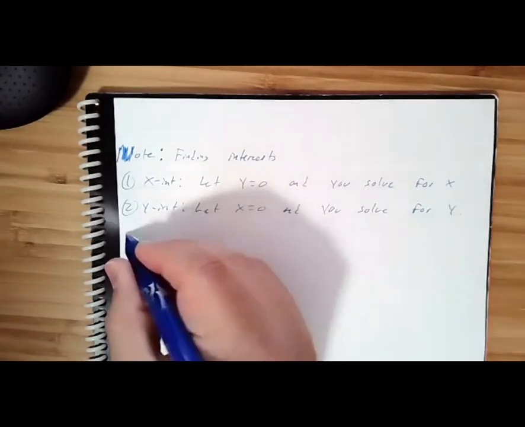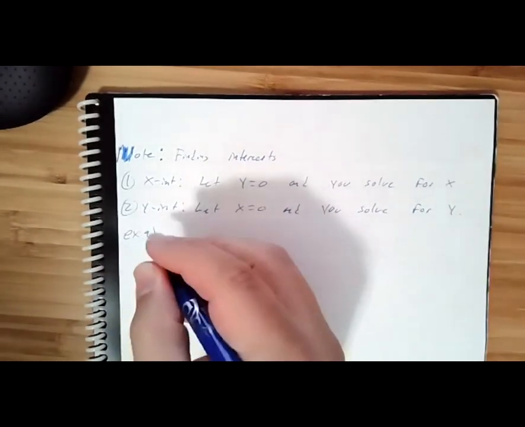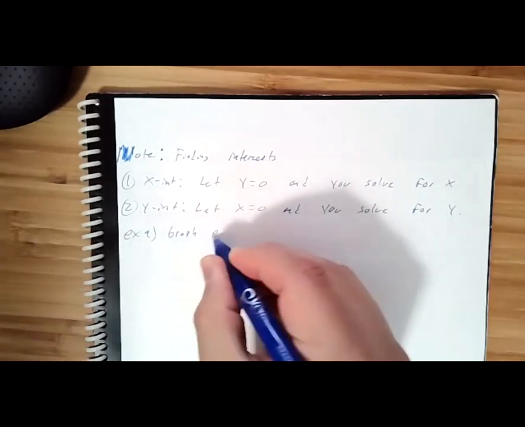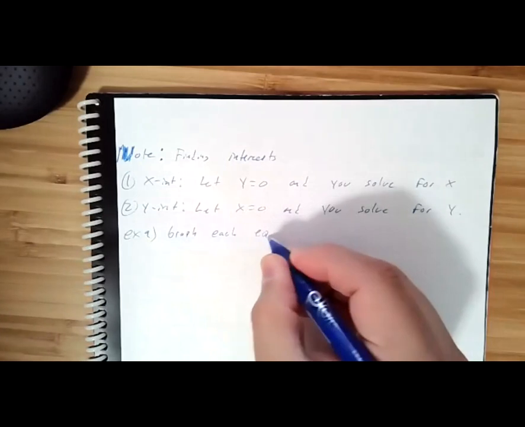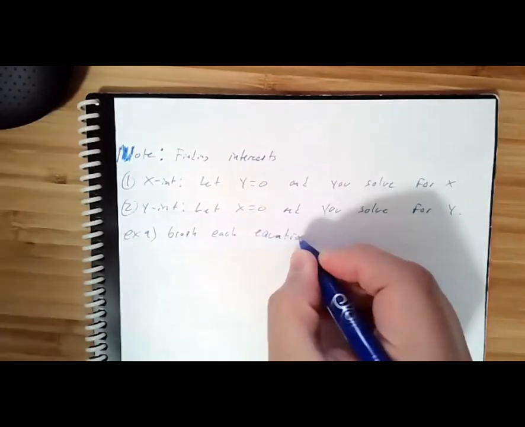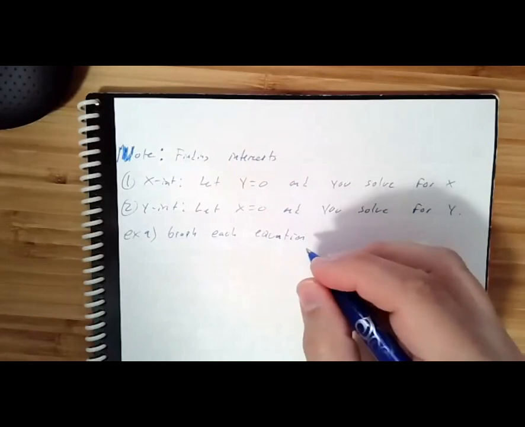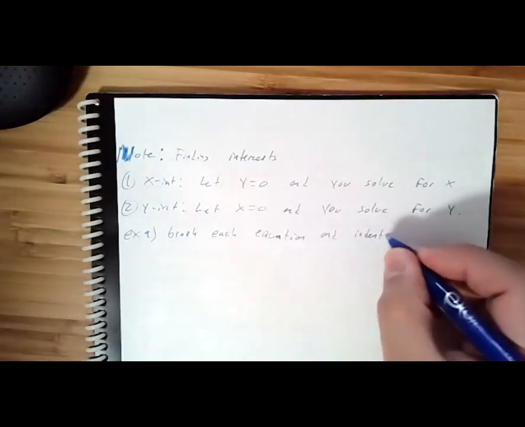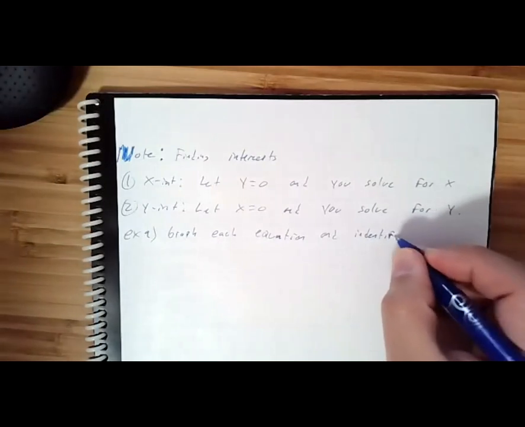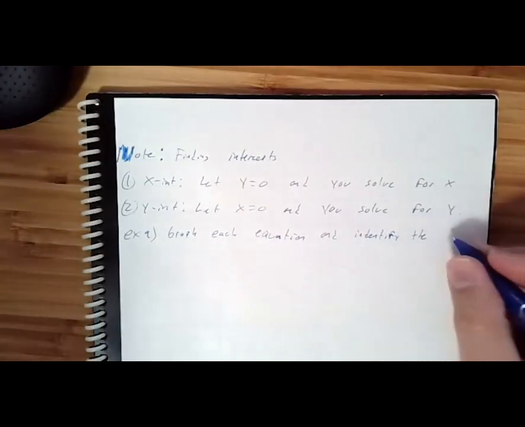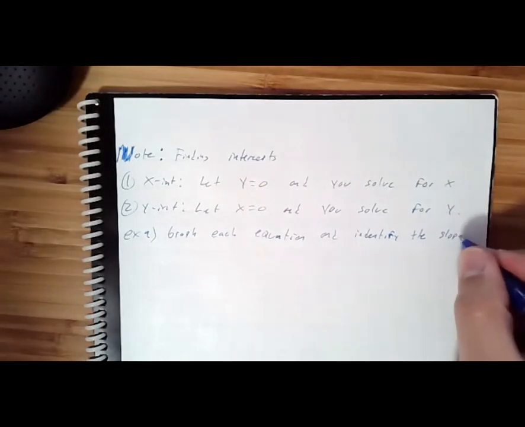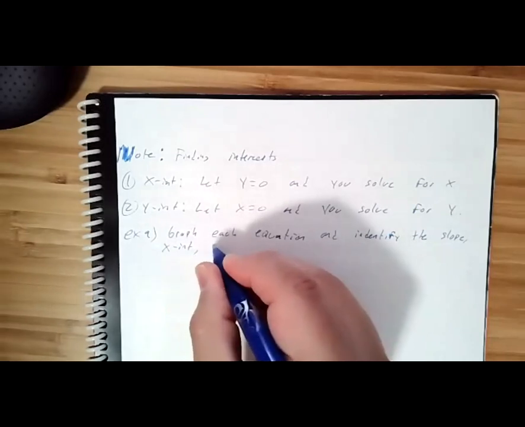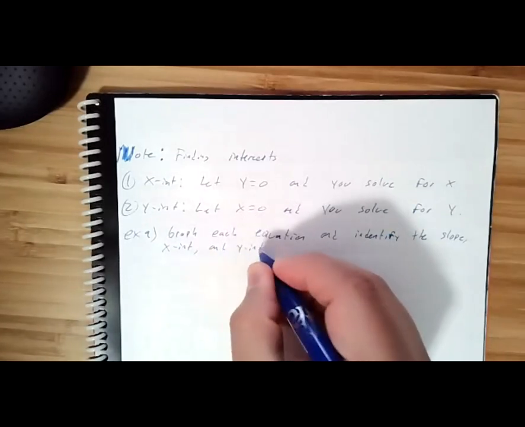So in example 9, they're asking you to graph each equation, and identify the slope, x-intercept, and y-intercept.